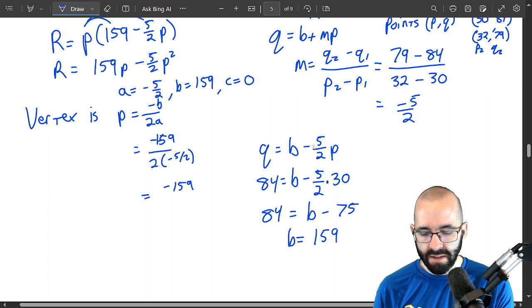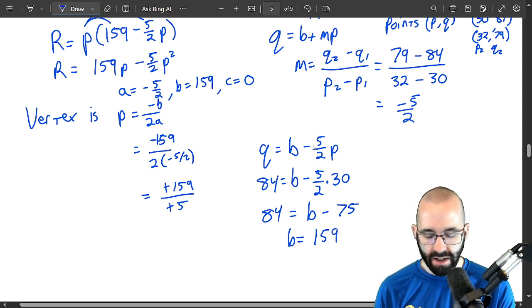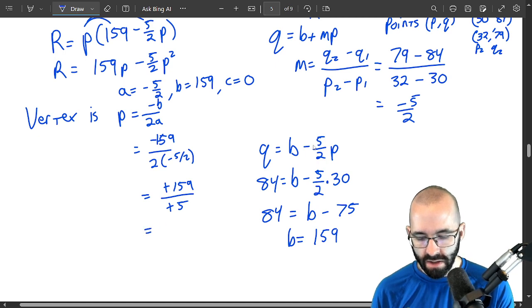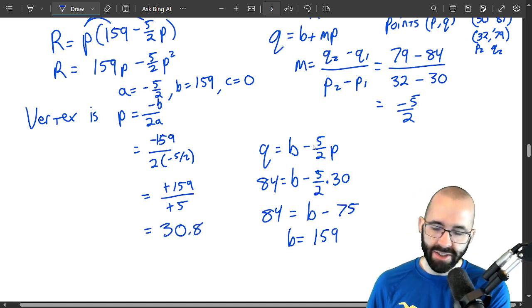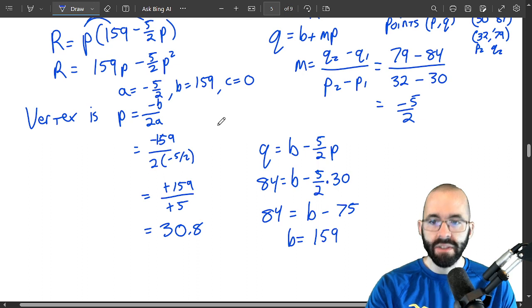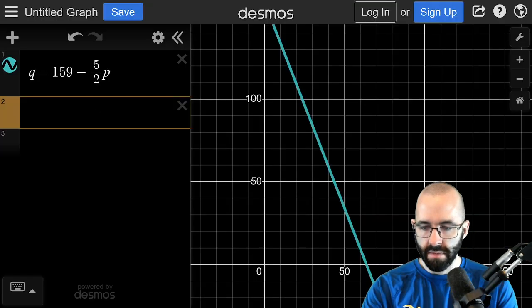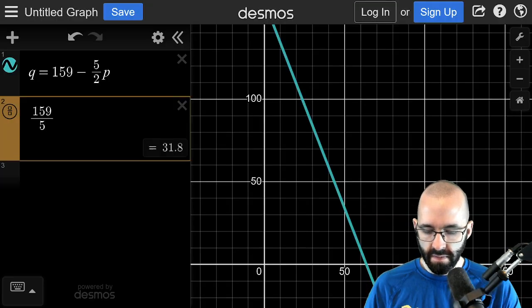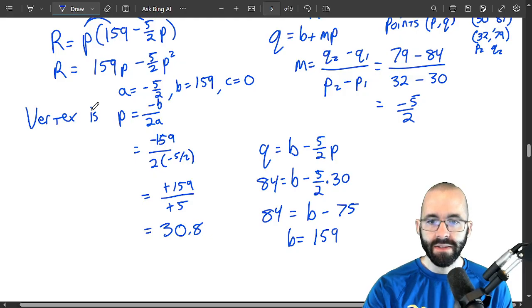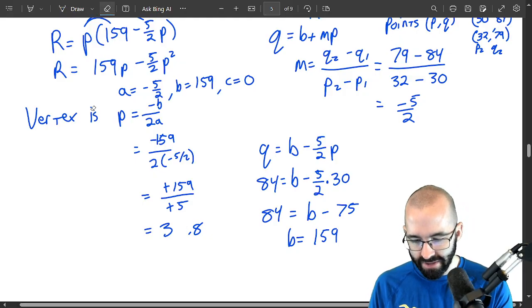Top, it stays the same. -5/2 of 2 is -5. Negative divided by a negative is going to be positive. This is going to be like 30.8. Let's use a calculator. 159 over 5. 31.8. That's why we used a calculator.